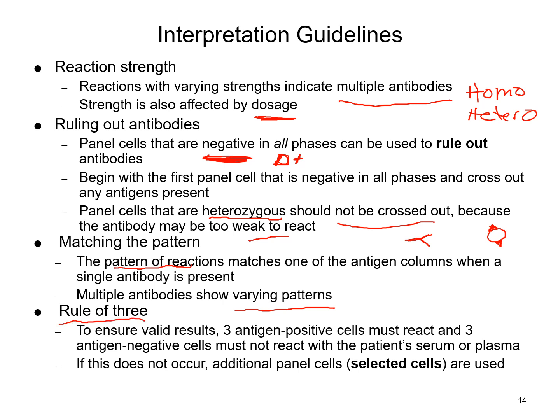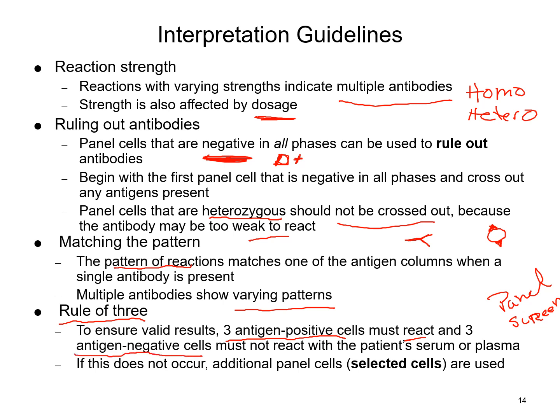What the rule of three does is ensure that we have valid results, because we're looking for 3 antigen positive cells to react. Now, this could be on our panel as well as our screen. So keep in mind that we are looking at multiple things to confirm that 3 antigen positive cell reactivity, and then 3 antigen negative cell non-reactivity.